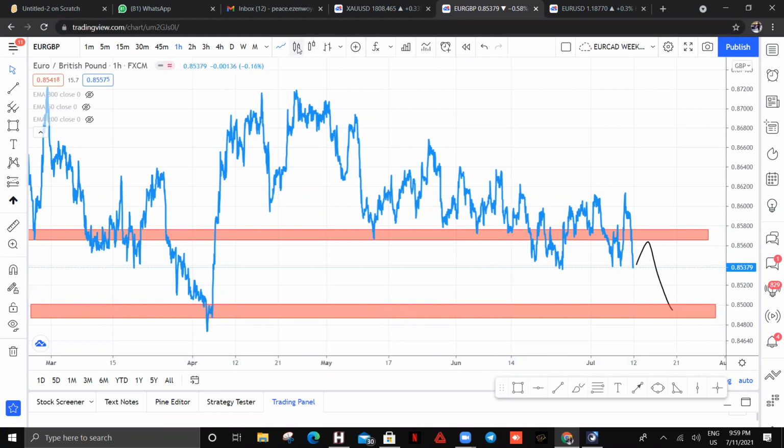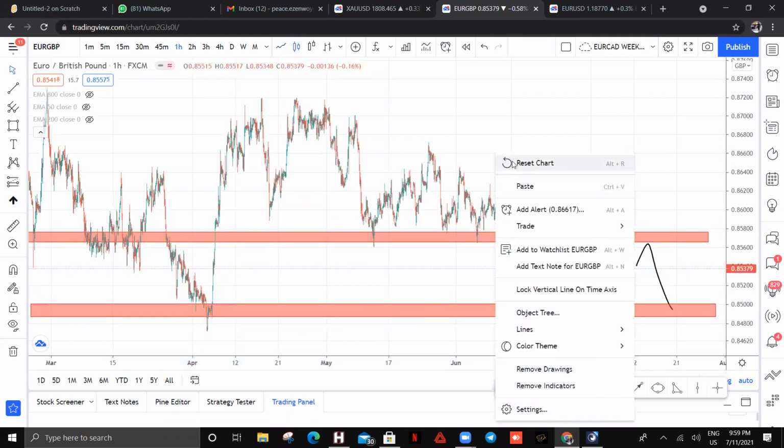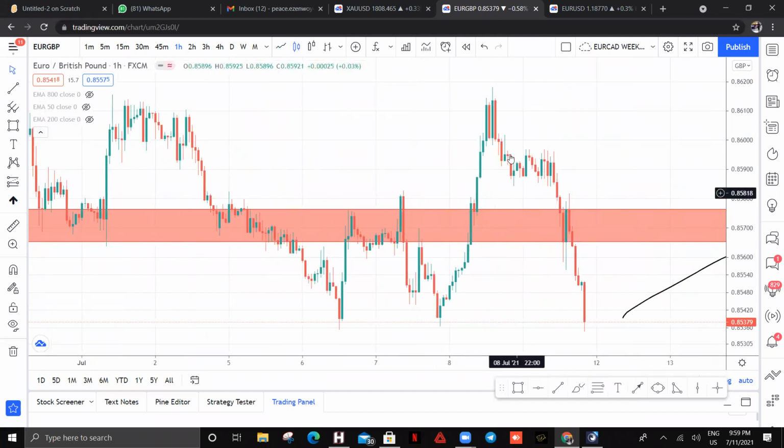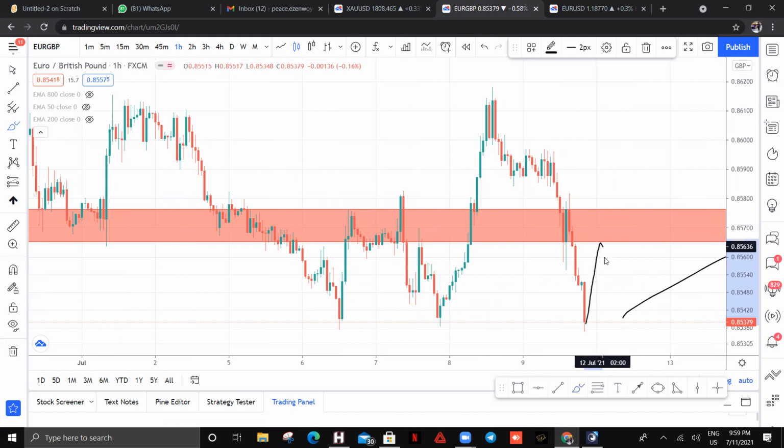So let me change it to line chart. It's showing that now there's a breakout here. So what you would do, Michael, wait for what? A retest back on this zone, then you comfortably sell to the next zone.